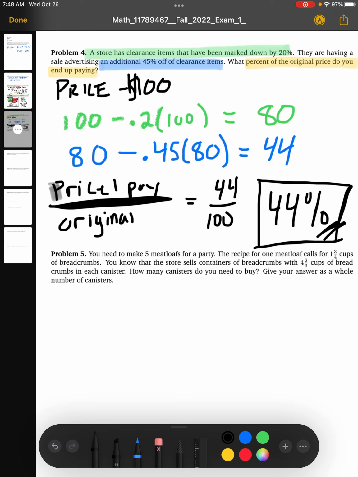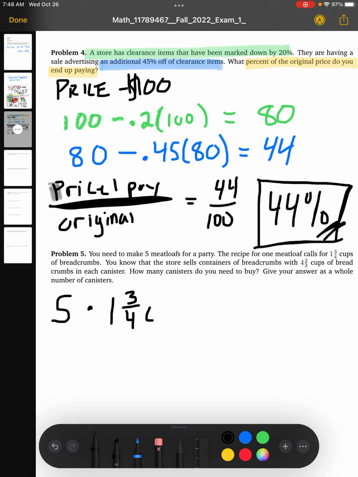I need to find out how many breadcrumbs I need, and then how many canisters I need to buy. So I have 5 meatloaves, and for each meatloaf, I need 1 3/4 cups of the breadcrumbs.